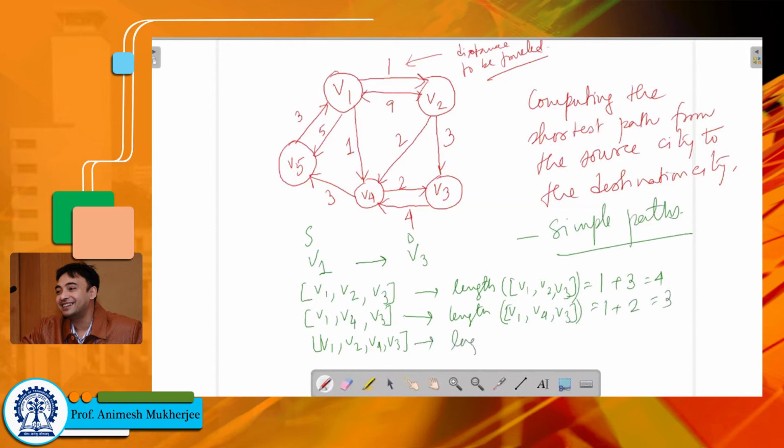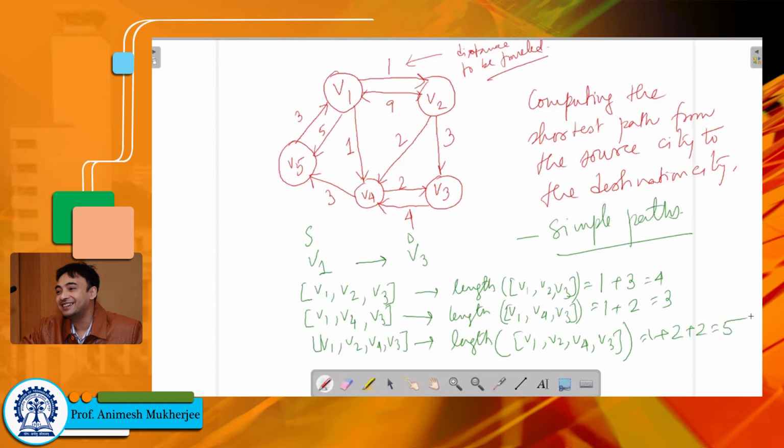And this one, V1, V2, V4, V3, that is 1 plus 2 plus 2, that is 5.